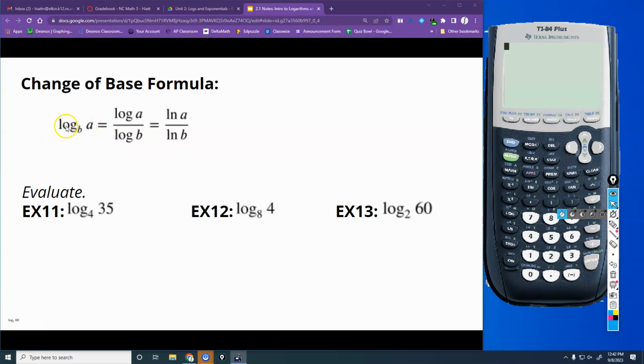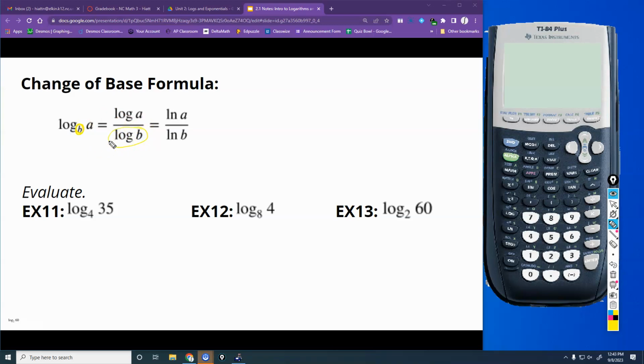So if I have log base b of a, then that is going to equal log of a over log of b. Whatever number is the base right here, that goes on the bottom.